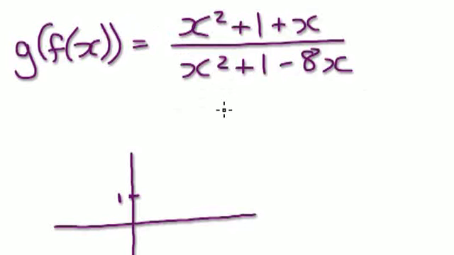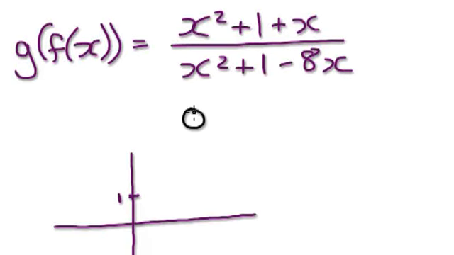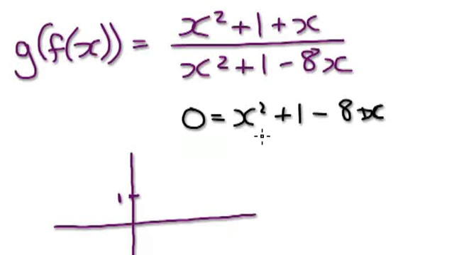So you're now trying to solve this: what value or values of x will make this whole thing here 0? It really boils down to you solving this whole thing equals 0.